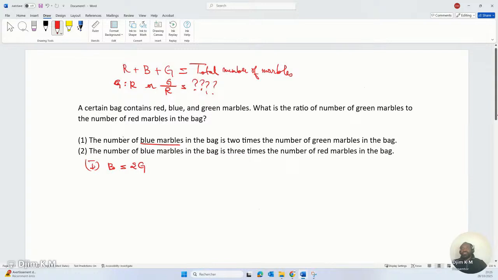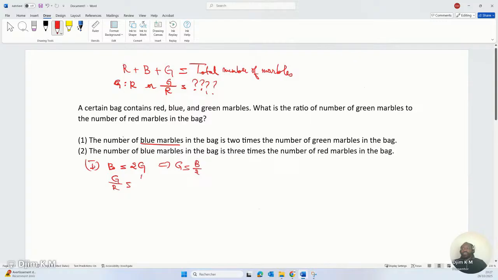We don't know the total number of marbles, so we definitely know that this is not sufficient. Because if we have G over R, this will be G equal to B divided by 2.